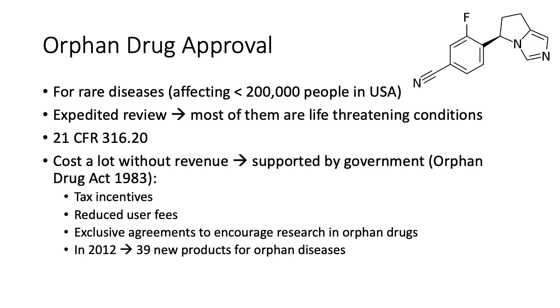For some diseases which are rare, a rare disease is defined as a disease that is affecting less than 200,000 people in USA. So those drugs are called orphan drugs. Orphan معناها يتيم. And those receive something called expedited review, like a fast review process, mainly because the number of patients is not high, and it's hard to recruit patients to those clinical trials.